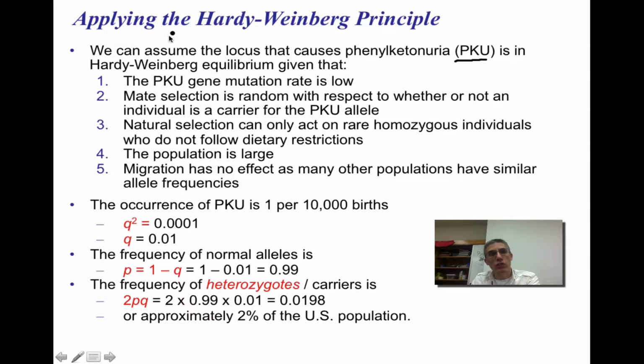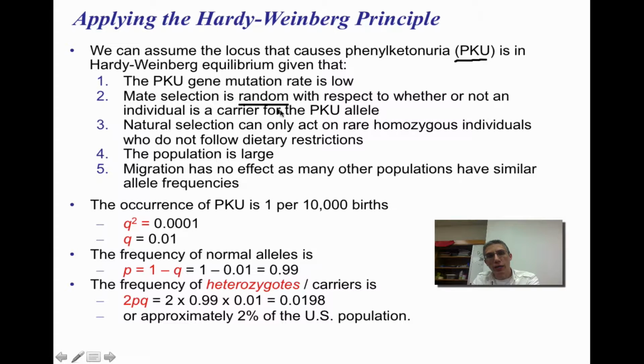Now what we need to do is look at the 5 criteria for Hardy-Weinberg equilibrium. In other words, this would be the ideal condition where evolution would not be occurring. For PKU, we need to make the assumption that the PKU gene mutation rate is very low, because remember, no mutations can be occurring. Mate selection needs to be random with respect to whether or not an individual is a carrier for the PKU allele.